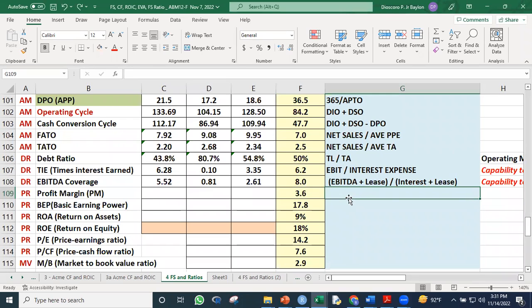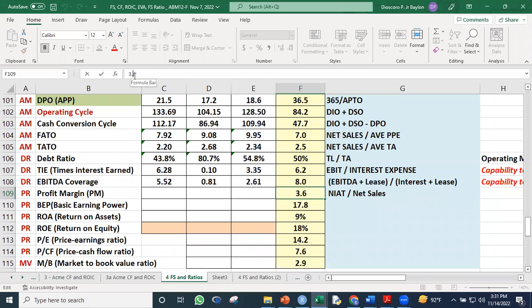Okay, profit margin is simply your net income after tax divided by your net sales. Sorry, may typographical error pa. So this should be 0.36. Okay, kindly change it please. 0.36 siya. Ito din mamaya, 0.70.